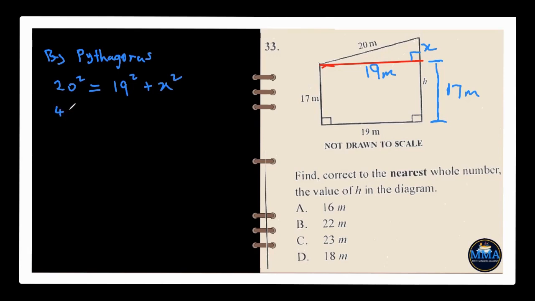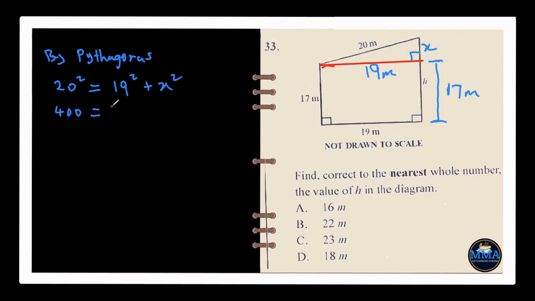This is 400 equals, when we press the calculator for 19 squared, it will give us 361.